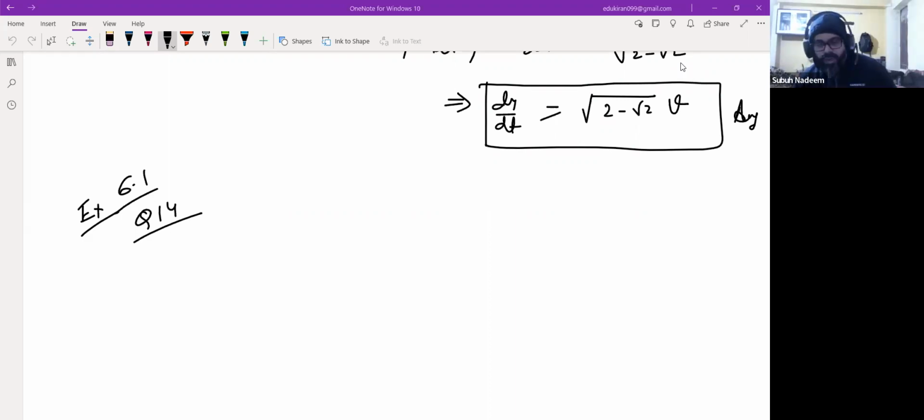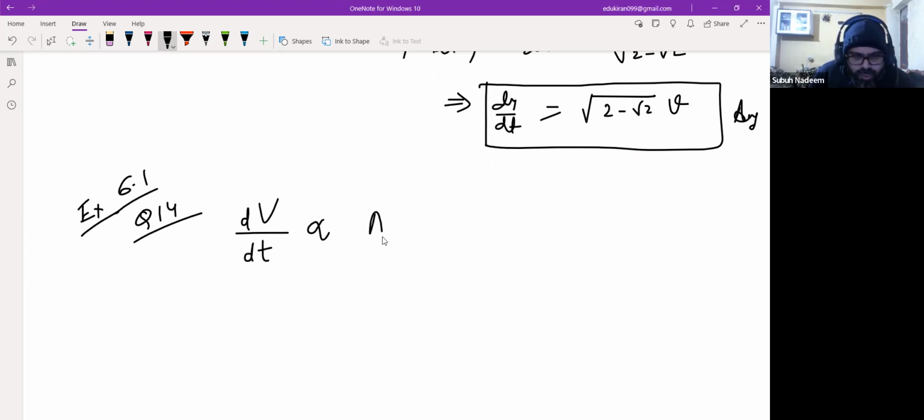So if we write it mathematically, the rate of decrease of volume, dV by dt, is proportional to surface area.